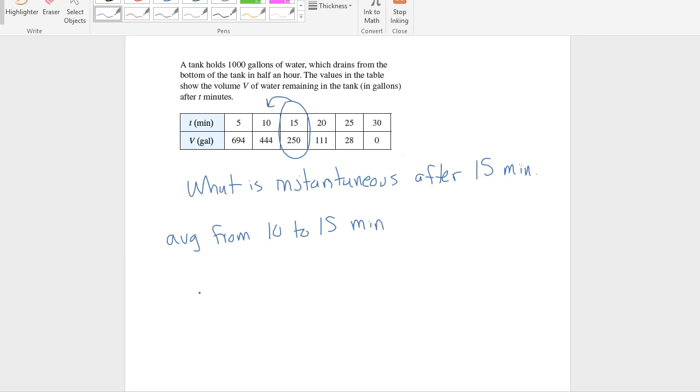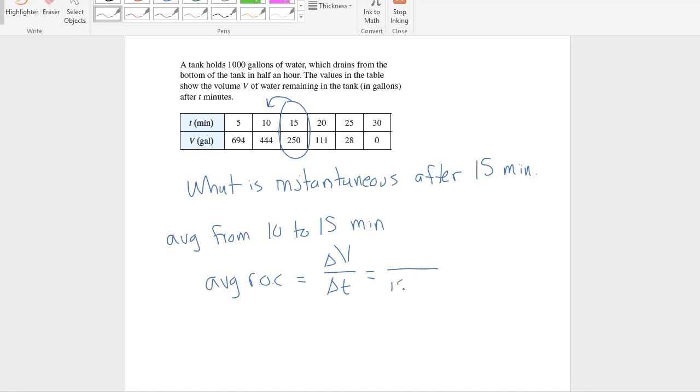Right? So again, the average rate of change is going to be, in this case, our change in y value. So we're going to have the change in volumes over the change in times. Right? So if this is my final and this is my initial, I have 15 minus 10. Oops, I am so sorry. That is my time unit, not my volume unit.